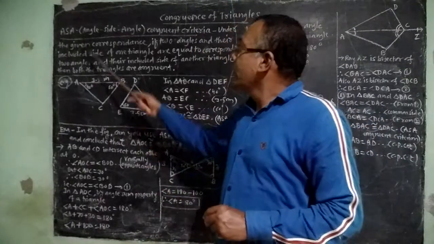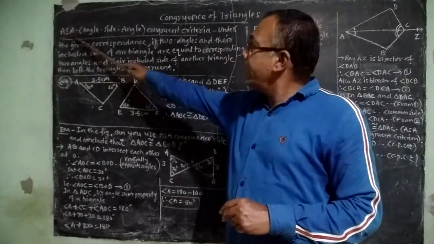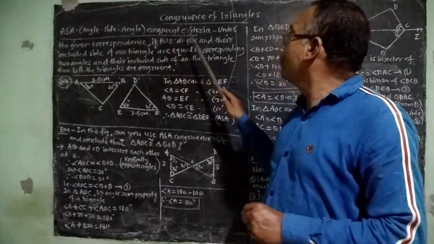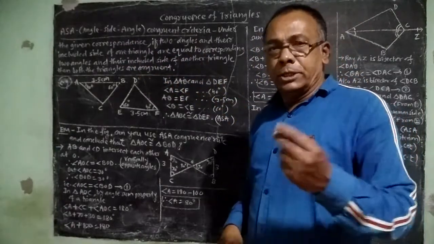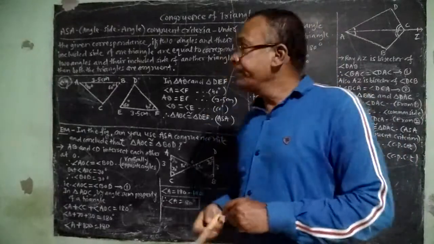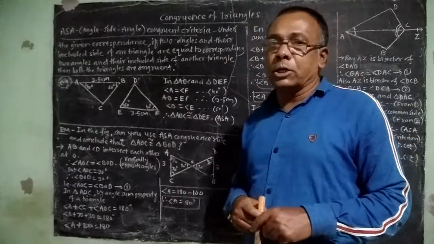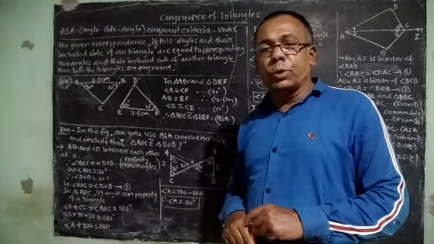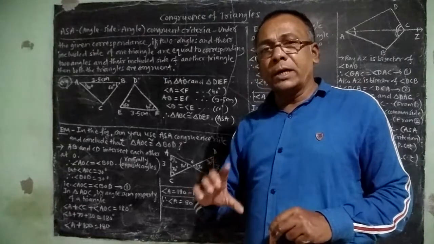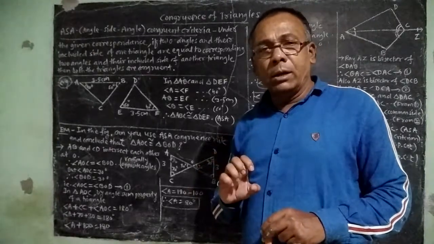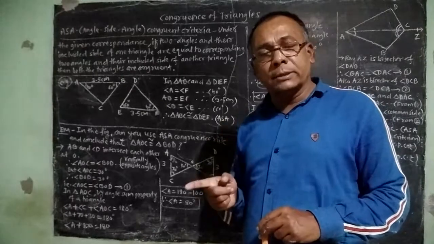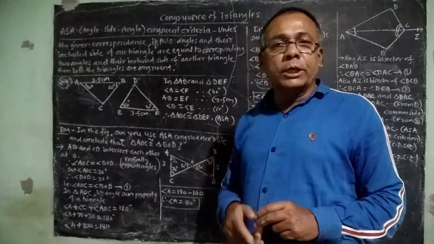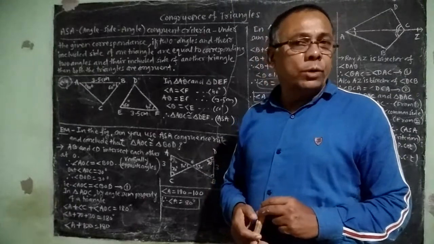So here we will write ASA, that is angle, side, angle congruence criteria. This criteria states that under the given correspondence, if two angles and their included side of one triangle are equal to corresponding two angles and their included side of the other triangle, then both the triangles are congruent.